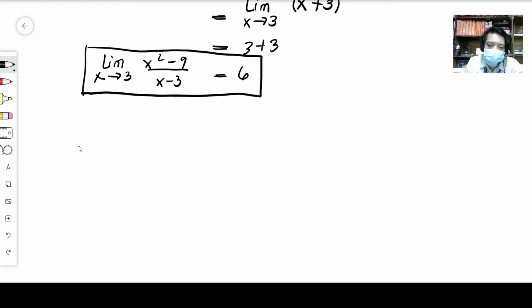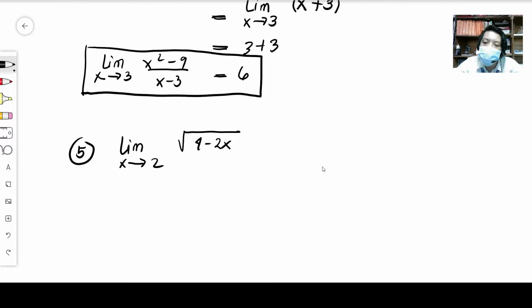So we have here example number 5. The limit of the square root of 4 minus 2x as x approaches 2.